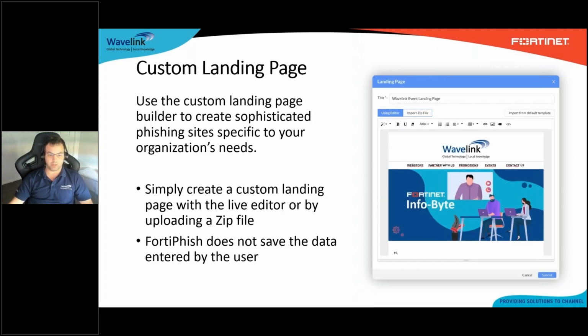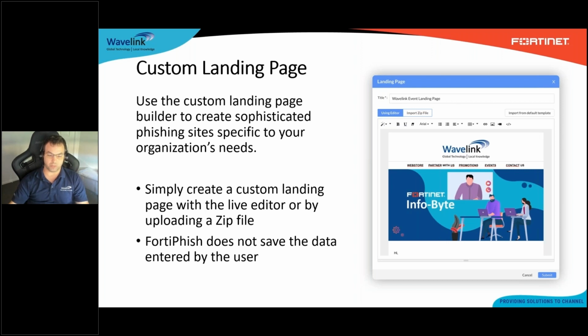So in the custom landing page, we can obviously use our Wavelink one, for instance, which is our Info-Byte, and it would look exactly like that web page. But when you click on a link, it might give you an attachment to a zip file. And then once that user downloads that zip file and executes it, that's part of the scam, and we'll be able to see that on the dashboard.